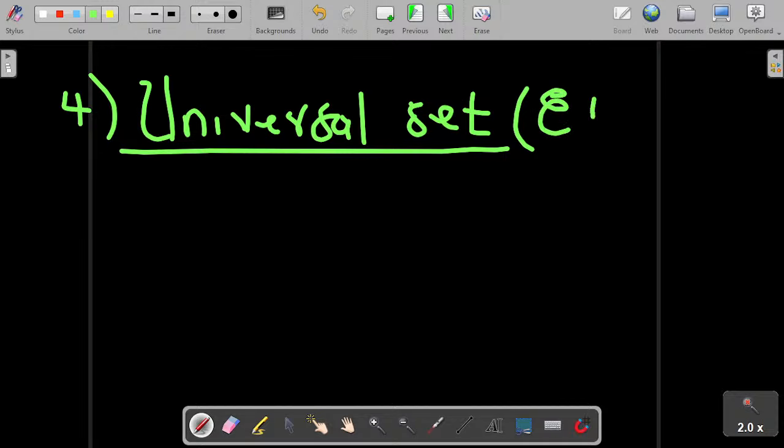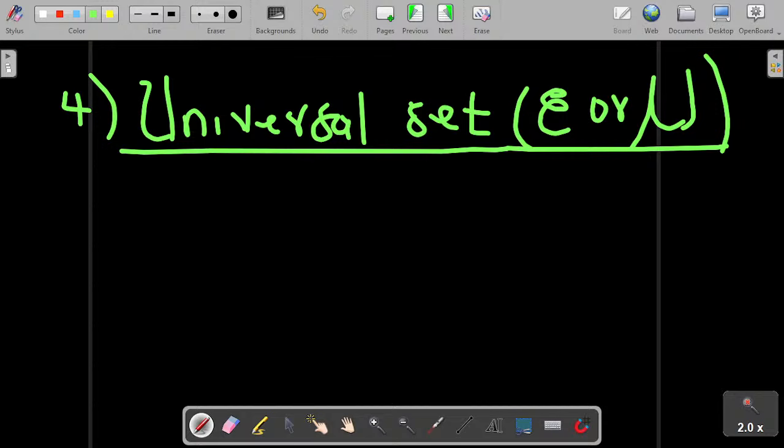They write it like this. So when you see a symbol like this, it's a universal set. This topic is all about symbols. The symbols are very important.